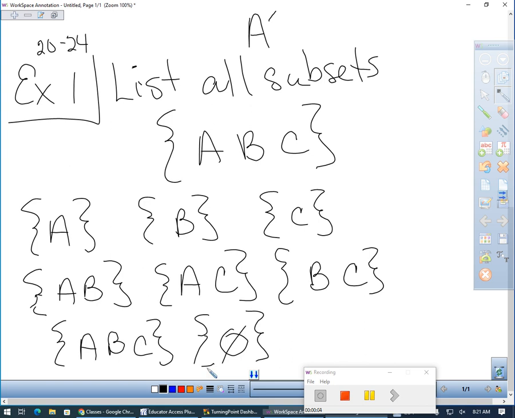So as I said, it's just all the different combinations. Any questions on what a subset is? Do we need another example of subsets? No, we're okay?